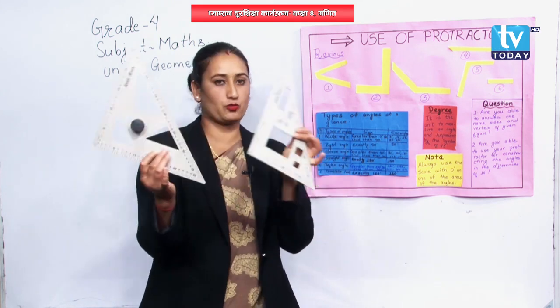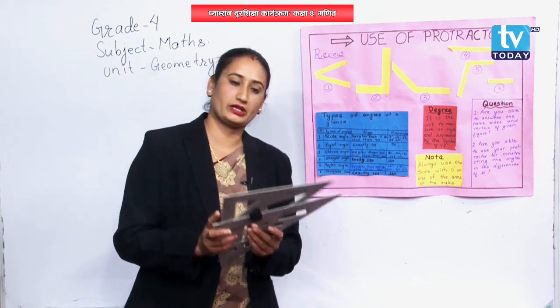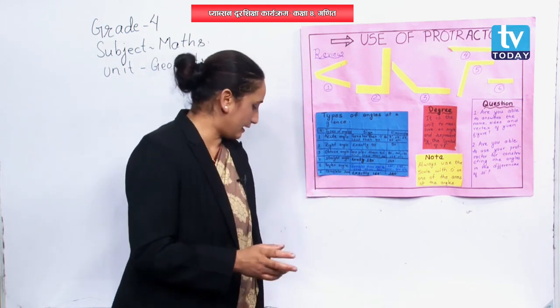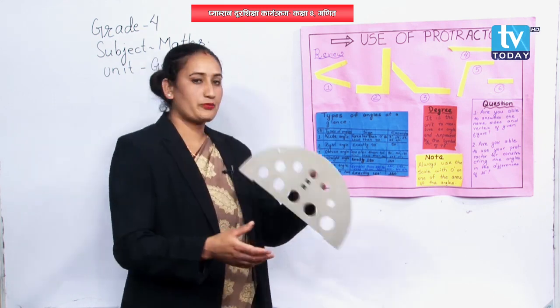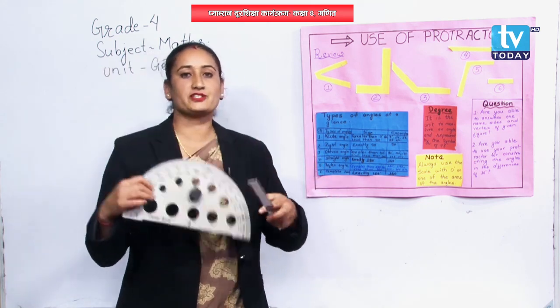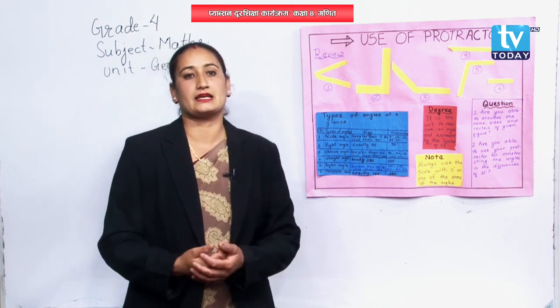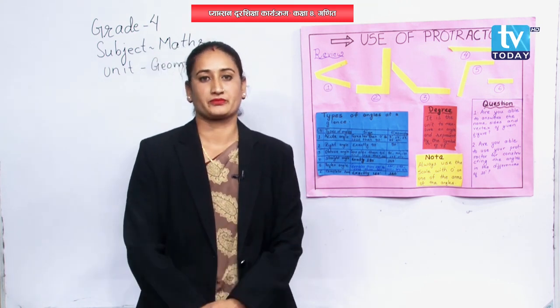Both of these things are called set squares. Next, I have a protractor in my hand, and then scales. Every student, it's my request to you all, get these things as soon as possible.